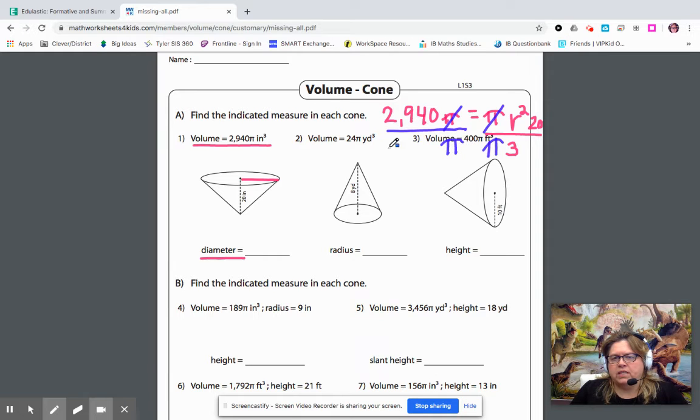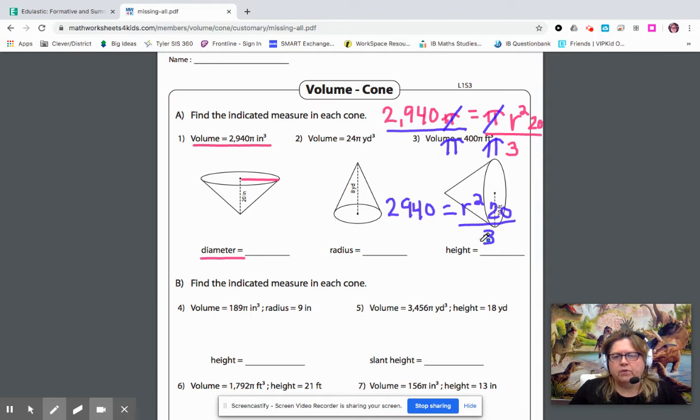If I do that up front, it just makes my whole problem a whole lot easier. Then I'm left with 2,940 is equal to our radius squared times a height of 20 divided by 3. And we've just taken pi out of the equation.